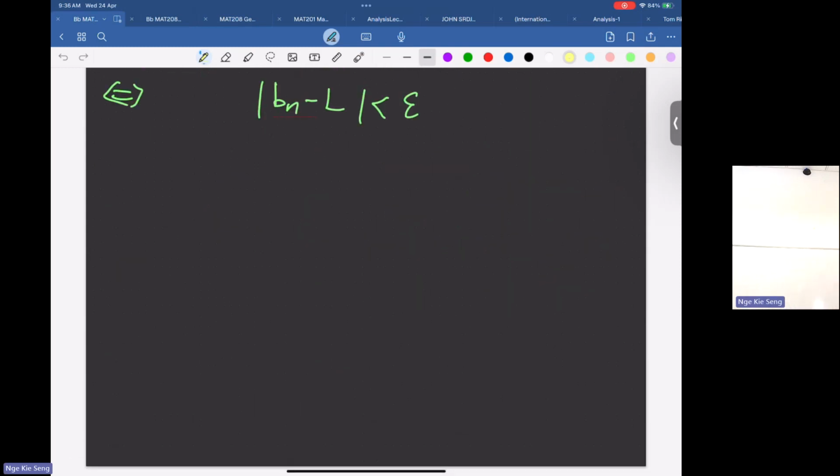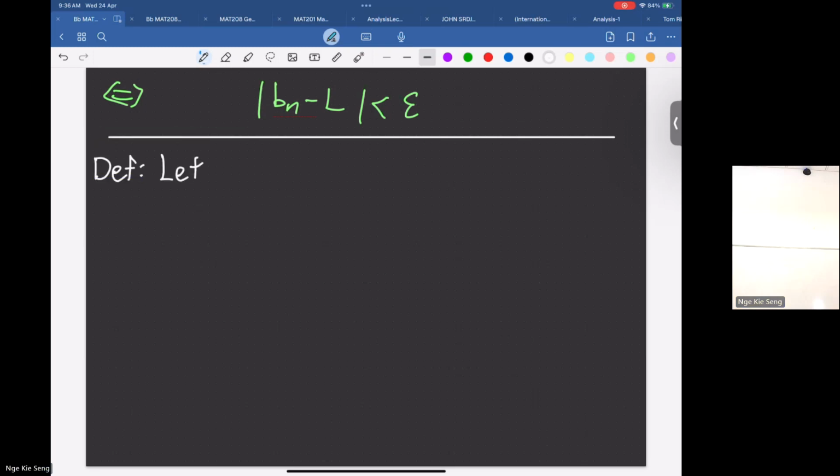Okay, now we want to talk about subsequence. Let's talk about subsequence. So let's get done with this part here. For the definition, let a_n be a sequence.